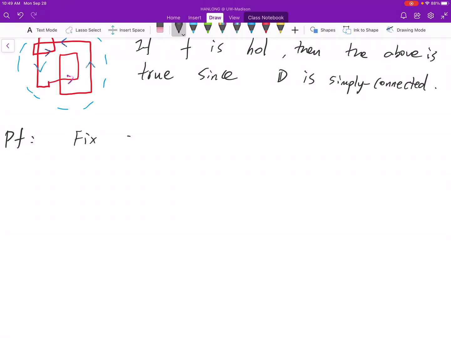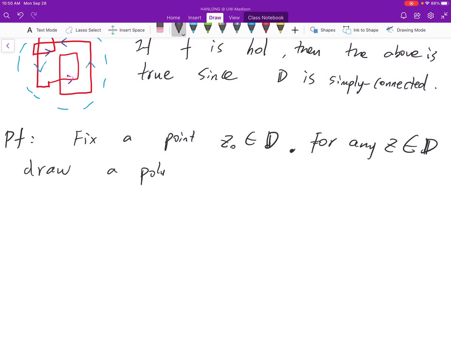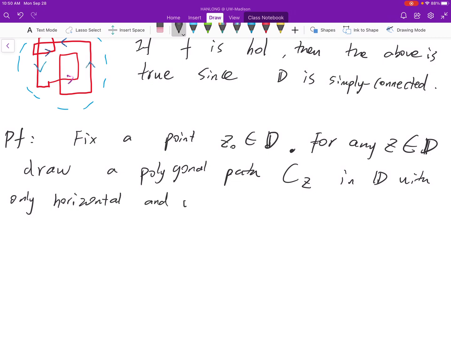So fix a point z0 in D. For any z in D, draw a polygonal path C_z in D with only horizontal and vertical sides, starting at z0 and ending at z.